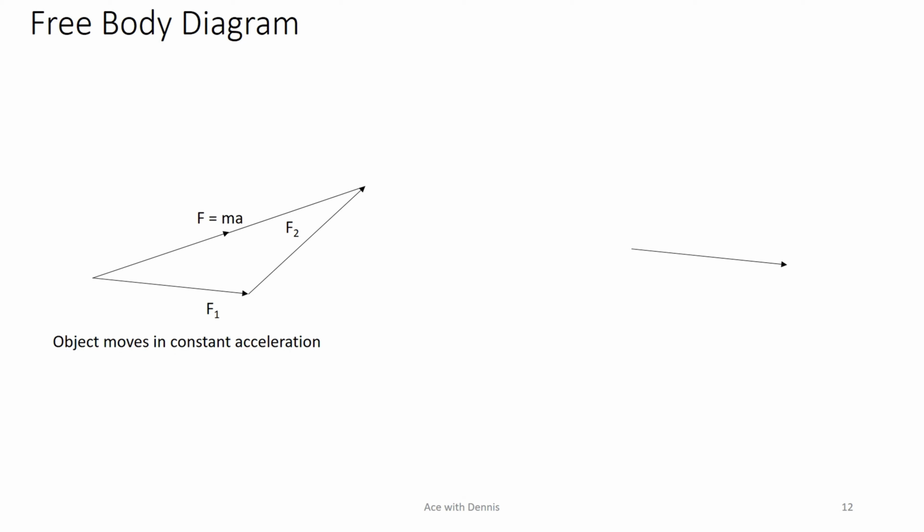Next, let's say I have a similar case with F1 in this direction, F2 in this direction, and additional force F3 in this direction. As we have done in the previous diagram, the resultant force should be in this position, but we find that the magnitude of the resultant force is equal to the magnitude of F3, but it is in the opposite direction.